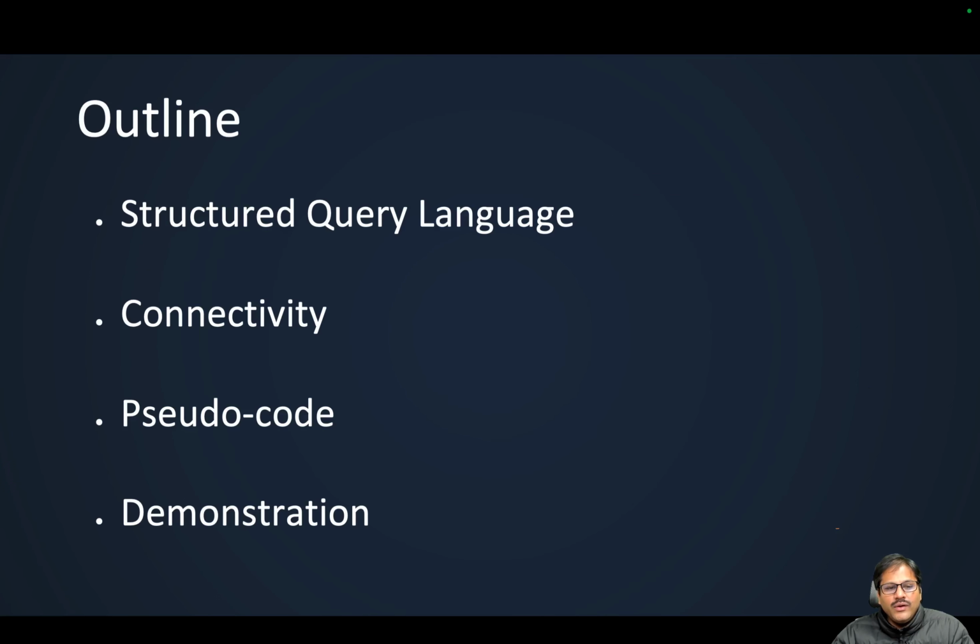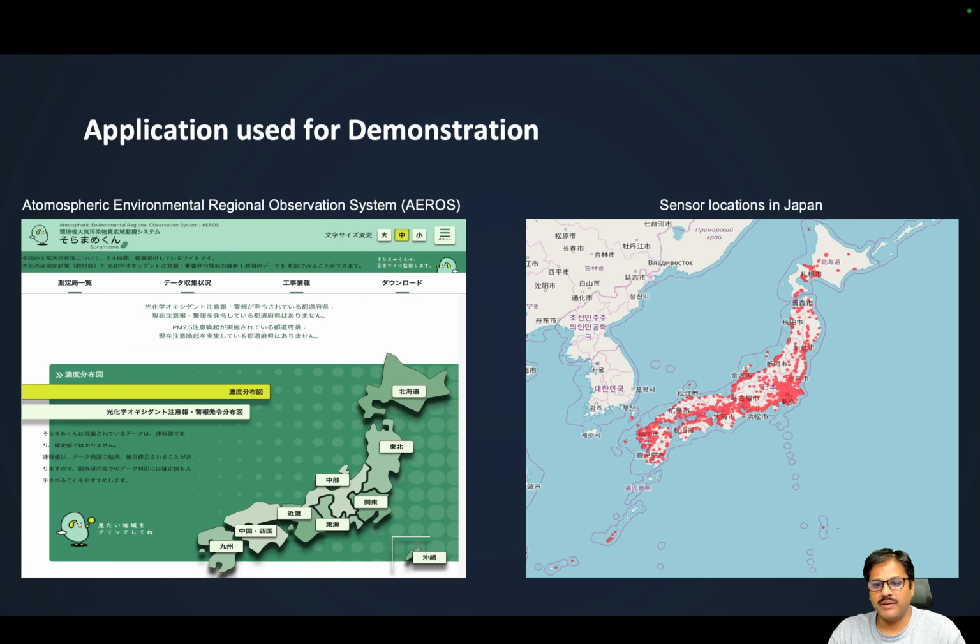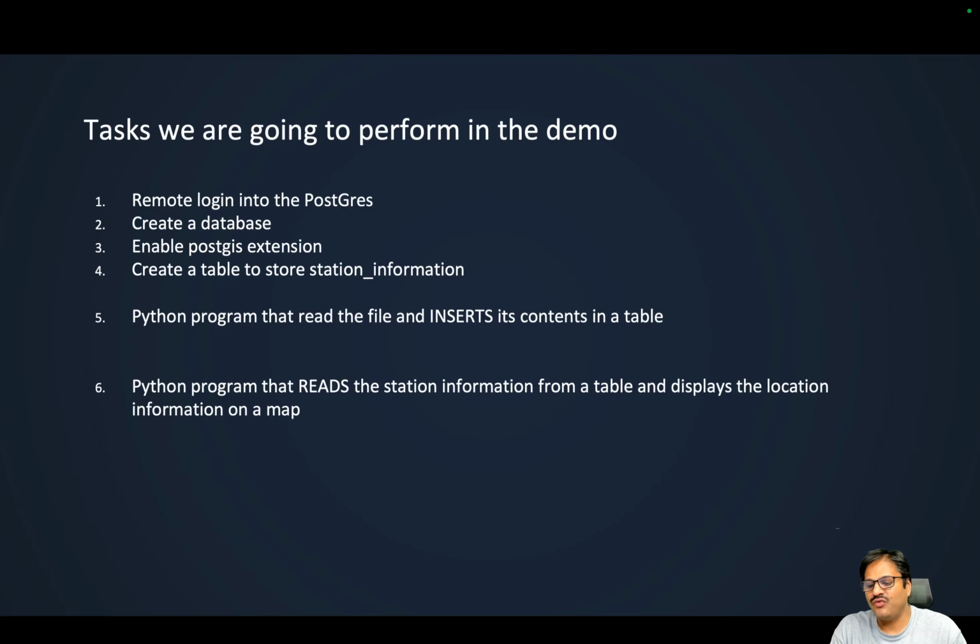Now we look at a small demo. For demonstration purposes, we are going to use the sensor location data generated by the Eros system. The tasks we are going to do in this demo are as follows. First, we log into the Postgres server and then we create a database.